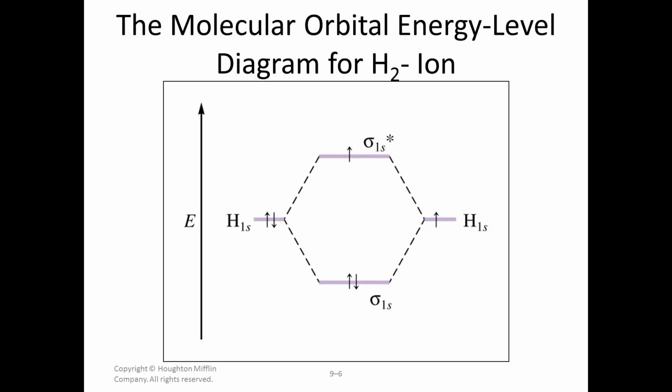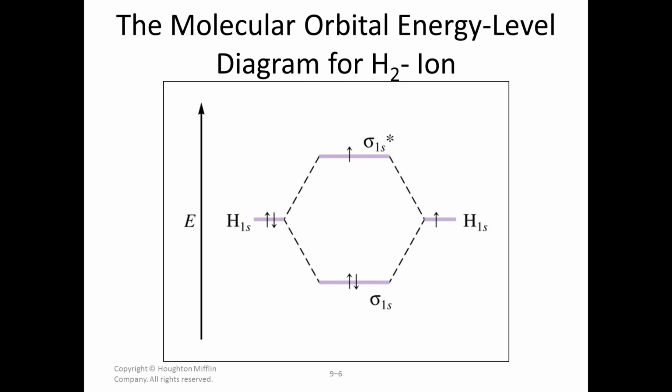Another thing that we have to keep in mind is bond order, where bond order is used to indicate the strength of a bond. We compare the energy of bonding electrons to that of the free element. Our bond order is equal to the number of bonding electrons minus the number of antibonding electrons, divided in half.